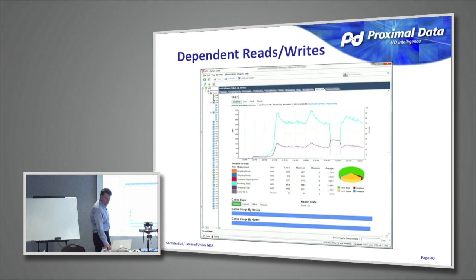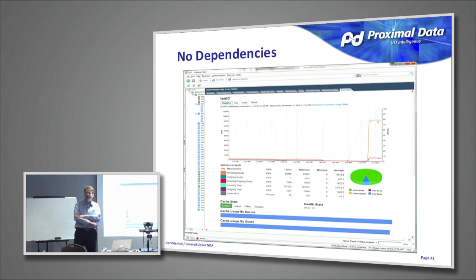I'm now going to show you the exact same graph. That exact same graph, if you could read the time along the bottom, is right there. It's been squashed down to nothing. Why has it been squashed down to nothing? Because I removed the dependency between reads and writes.